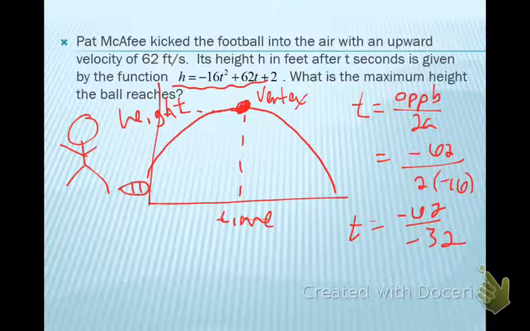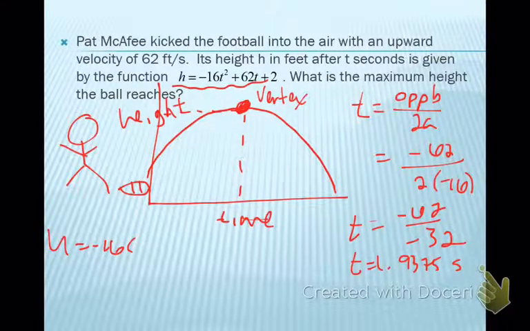So we go ahead and divide this out, and we get a time of 1.9375. This is in seconds, which means that 1.9375 seconds after Pat McAfee kicks the ball, it reaches its highest point. Our question, though, is what is its highest point? And that's where we plug this t in.